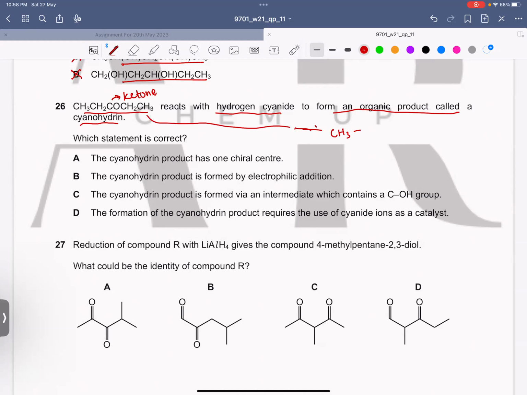When it reacts with HCN, this C=O turns into C-O, and O is bonded to H, and that same carbon has a carbon-nitrogen triple bond, the nitrile group. Then there is a CH2CH3, and in the same way, there is a CH2CH3.